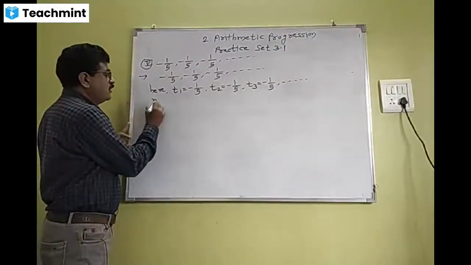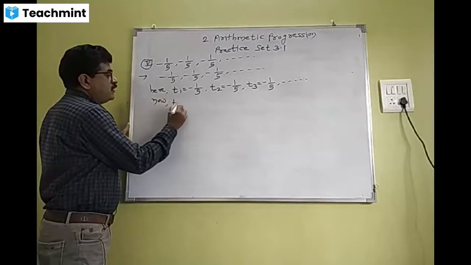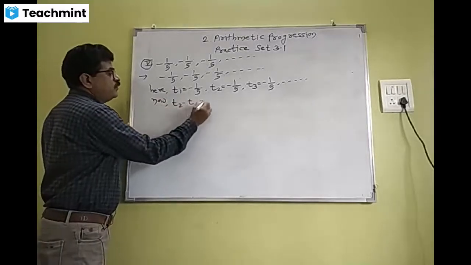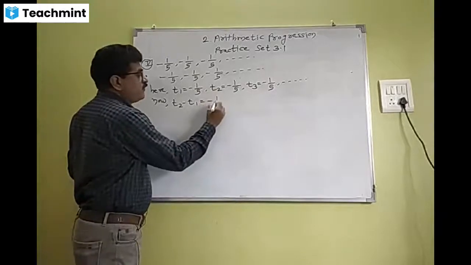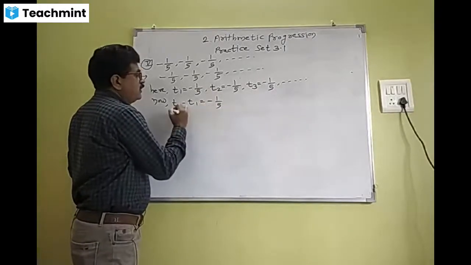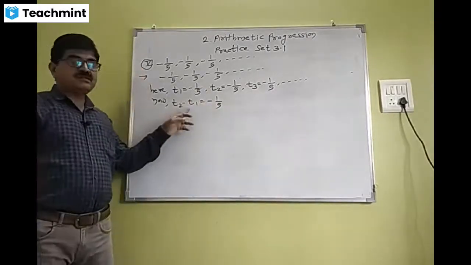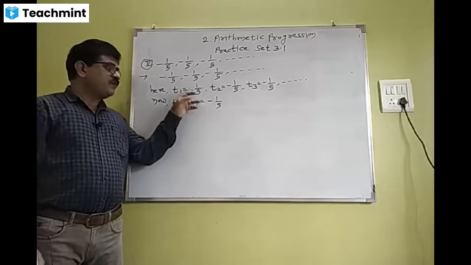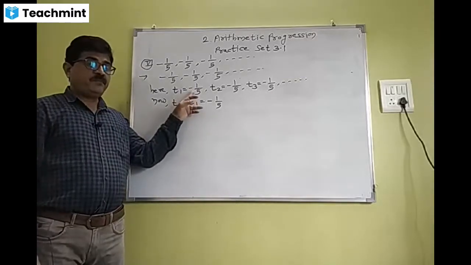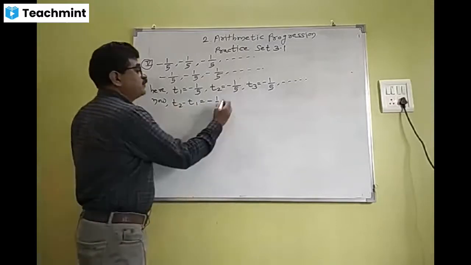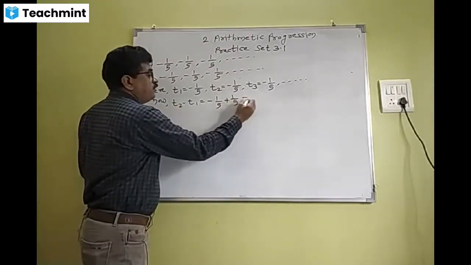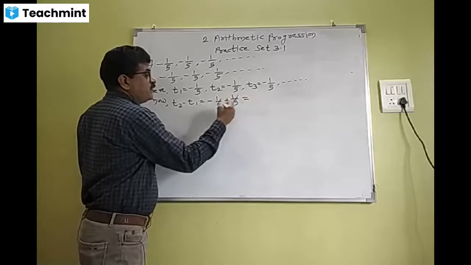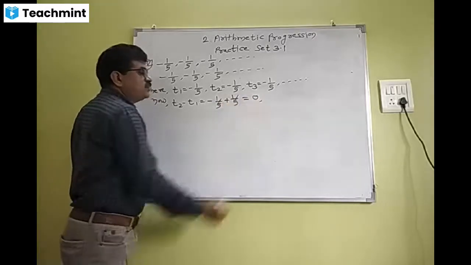Now T2 minus T1 is equal to, now value of T2 is minus 1 upon 5. Here is minus term, minus of minus, directly open, minus of minus plus 1 upon 5 is equal to plus 1 upon 5 minus 1 upon 5 get cancelled, is equal to 0.